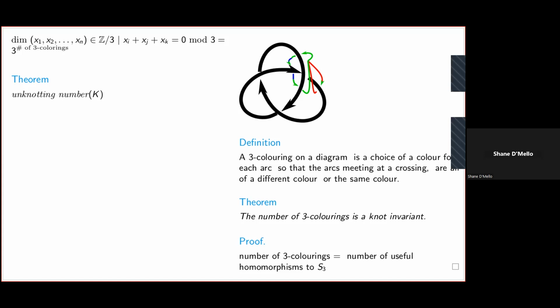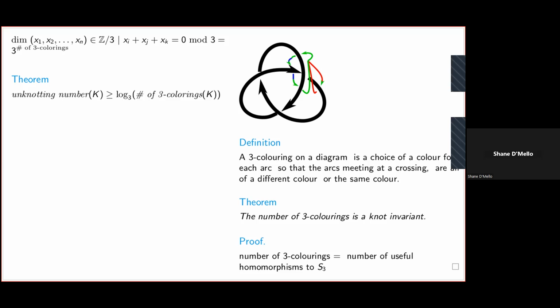So, for example, if I give you a diagram and you know that its unknotting number is, say, 2, then you know that the actual unknotting number is no bigger than 2. But you don't know whether there exists a diagram which has a smaller unknotting number than 2. That can be very hard, as you can imagine, because there are infinitely many diagrams, and it can be very difficult to prove in general.